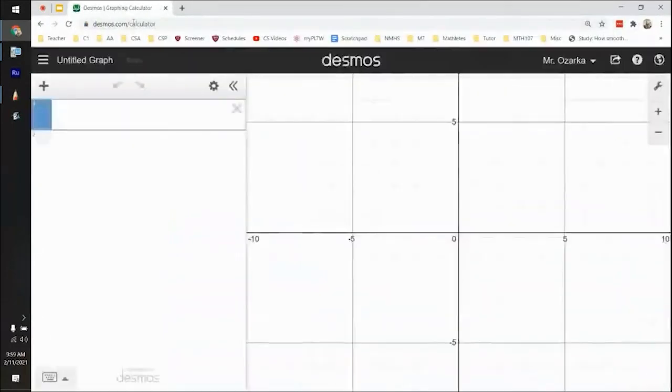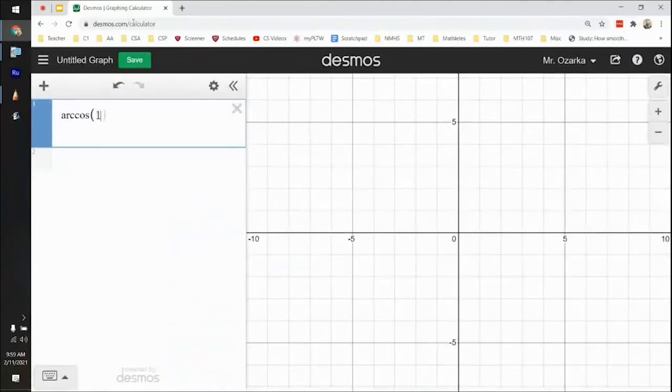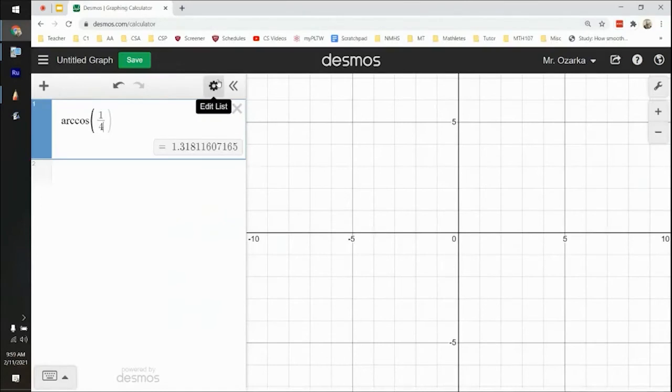Arc cosine of 1/4. Okay, let's round. By the way, in the physics ones, you're not going to have an answer with a radical in there usually, because it's the real world. No physicist just writes, "Oh, the square root of 3 is the answer." Because you have to deal with measurements, you have significant figures, and you can't do root 3.